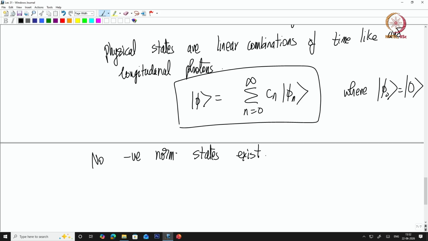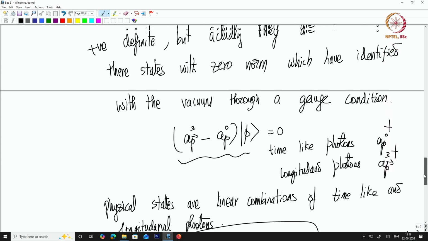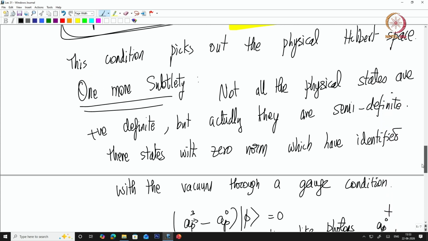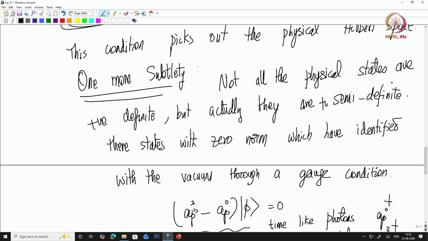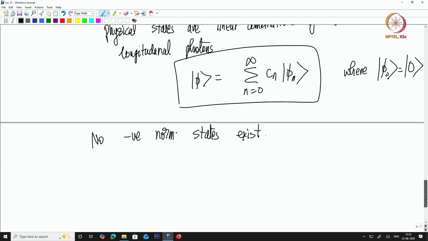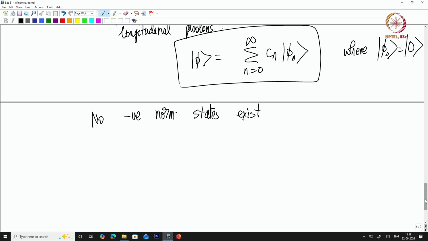So this is not purely positive definite, but it is positive semi-definite, in the sense that there are some 0 norm states which have to be identified with the vacuum. So the negative norm is removed, which is a good thing essentially.